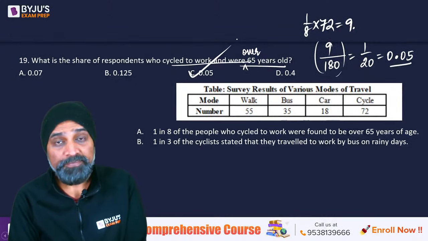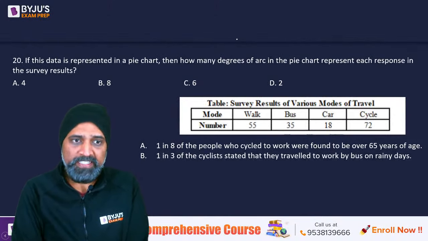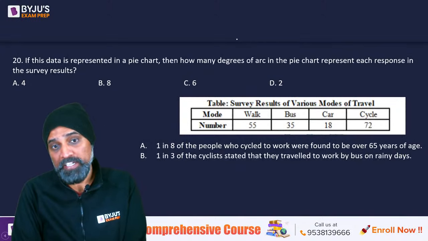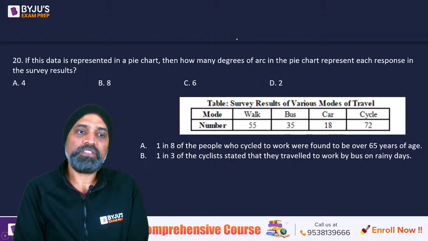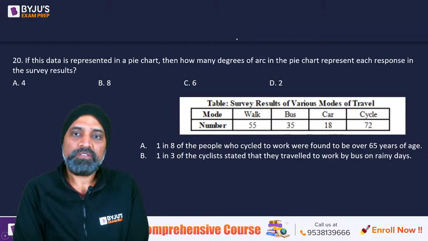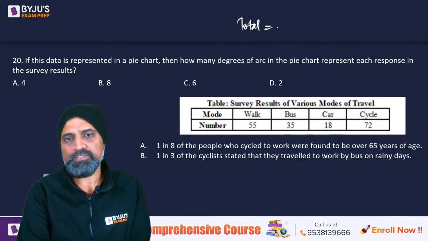So Charlie, right? And the last question for this set is, if this data is represented in a pie chart, then how many degrees of arc in the pie chart represent each response in the survey results? We just saw that the total is 180 respondents, right?